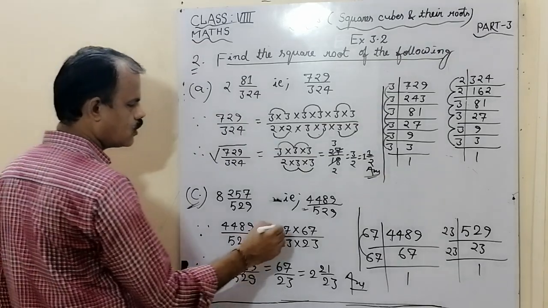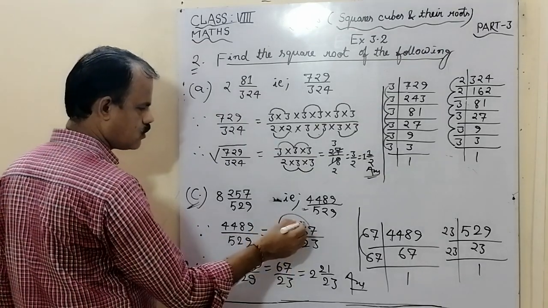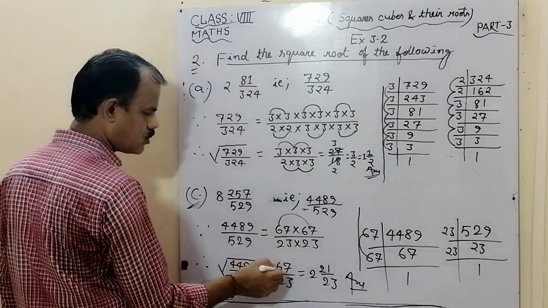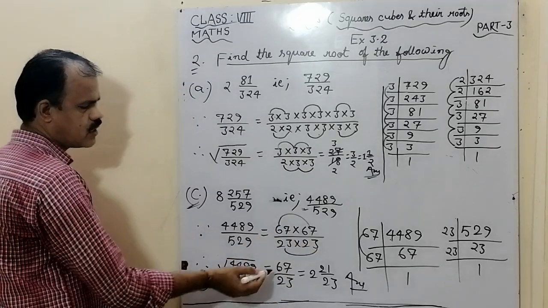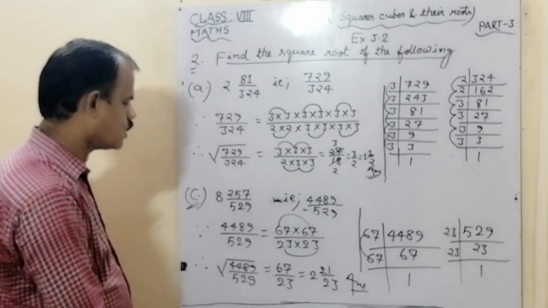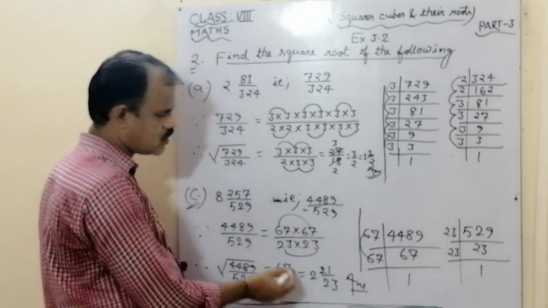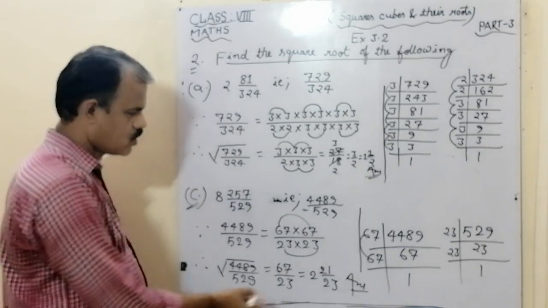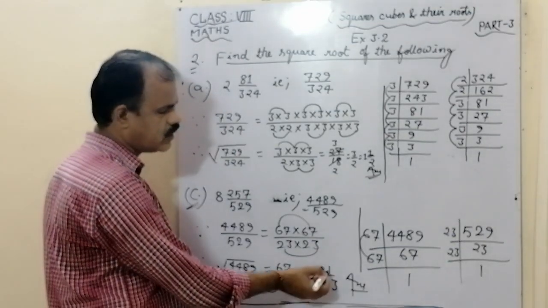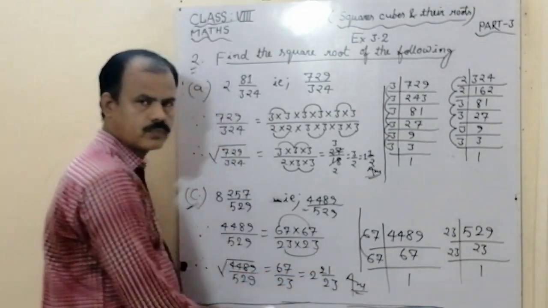Taking the root, this is a pair, so one factor is taken out, 67. This is also a pair, 23. So the answer is 67 by 23. Since this is an improper fraction, we convert it into a mixed fraction, so it becomes 2 whole 21 by 23.